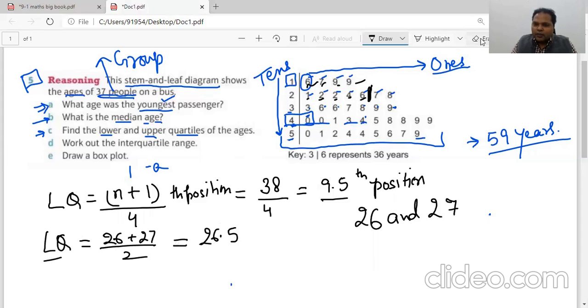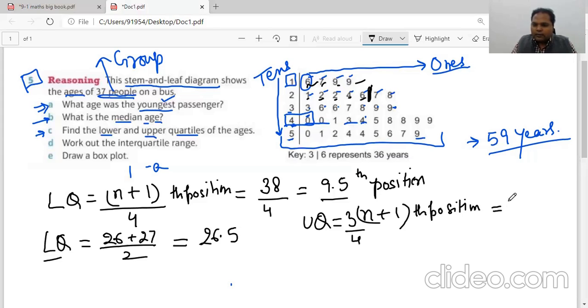Now similarly we can find out the upper quartile. The upper quartile, as we know, is 3 times n plus 1 over 4 position.